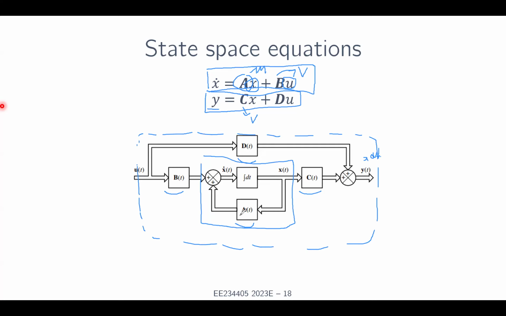So the main dynamic of this plant actually happens in this small feedback loop. So it is important to know which value of A makes the system stable, or which value of A is desirable for the system. Of course, we cannot change the value of A, but what we can change is this U value. This could come from the controller, let's say a PID controller or even a feedback controller used in the feedback loop.